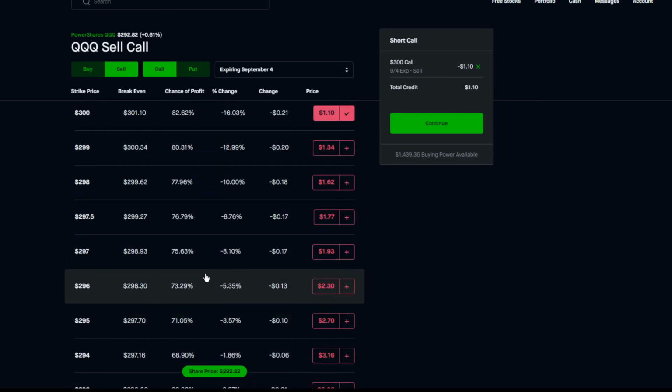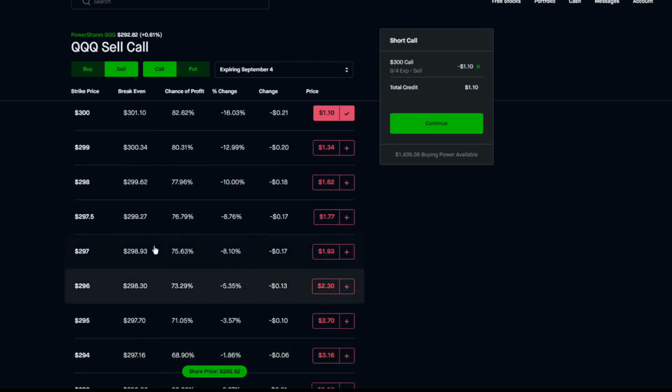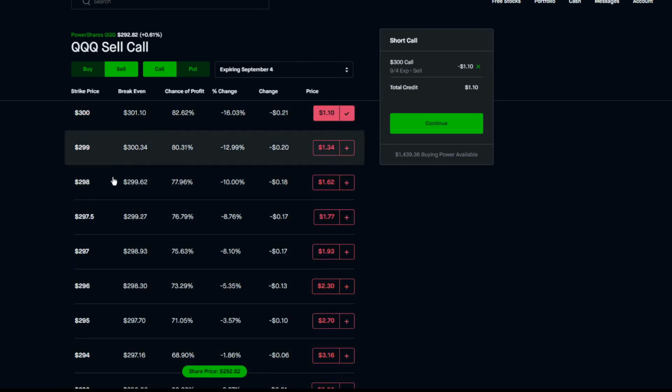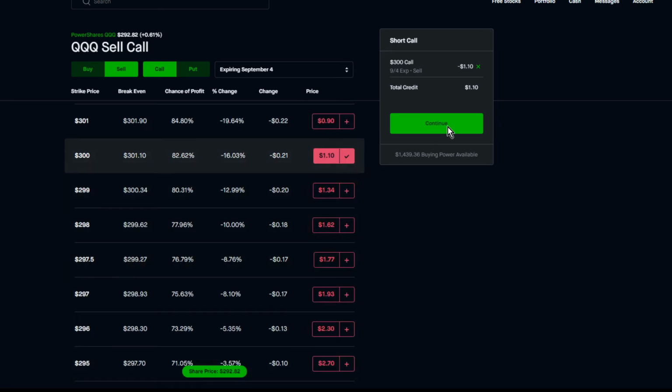And even if you bought your stocks at 290 and had to sell at 300, you're still making $10 profit on top of the credit you're getting here, the $110 on top of that. So you'd be making around 1,110, and that's a lot of money if you did have to sell it, but you don't have to.